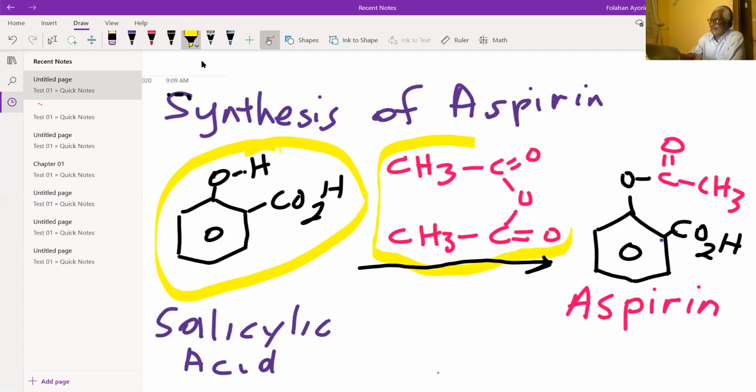In this case, this is acetic anhydride, to obtain our product, which is aspirin.